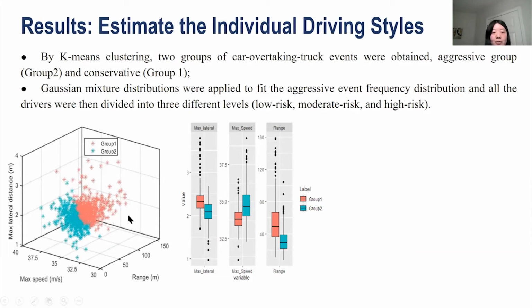One group we call relatively aggressive, featured with more speeding behavior, more hard braking behavior, and following closer. The other group we call a relatively conservative group. Comparatively, they have much less speeding behavior, as well as less frequent hard braking behavior. As you can see from this figure here.